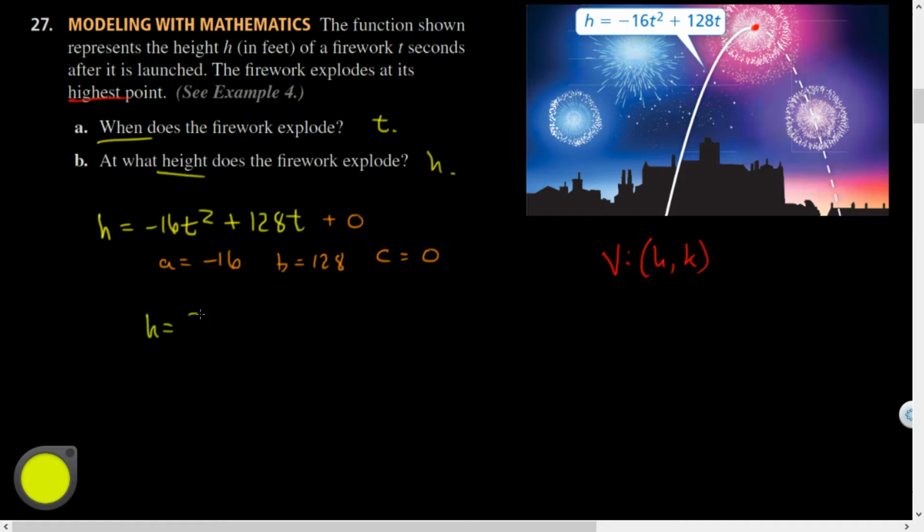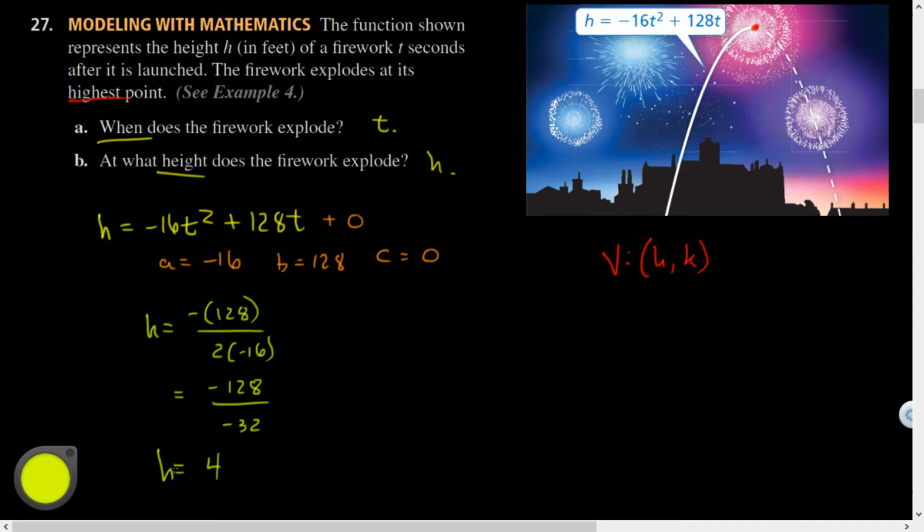So h is going to be equal to the opposite of 128 over 2 times negative 16. That's going to be negative 128 divided by negative 32. Is that equal to 4? I think so. Yeah, it's 4.